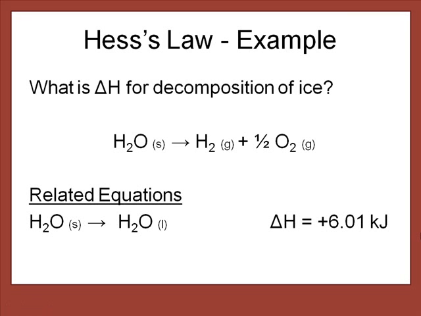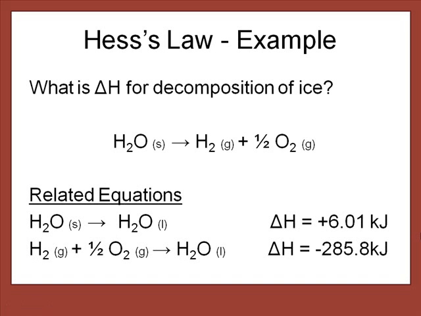We know that if we are going to melt some solid ice into liquid, it has a heat of fusion of a positive 6.01 kilojoules per mole. We also know that if we have the elements hydrogen and oxygen, and they're going to form 1 mole of liquid water, the amount of energy associated with that heat of formation is, it's an exothermic reaction, our negative 285.8 kilojoules.